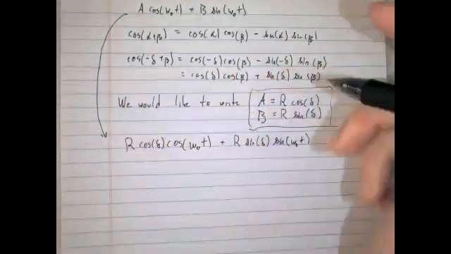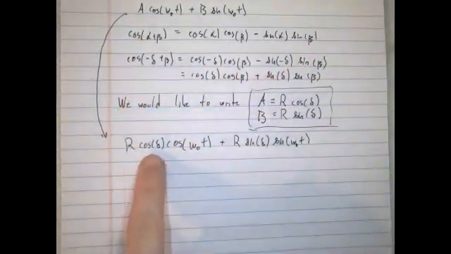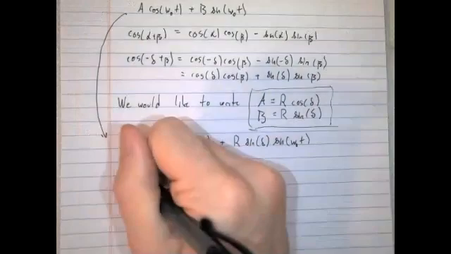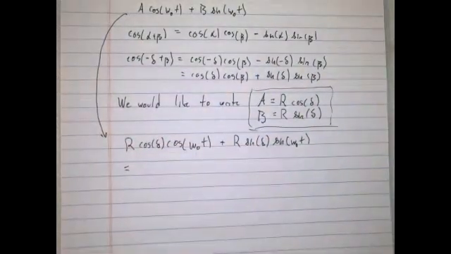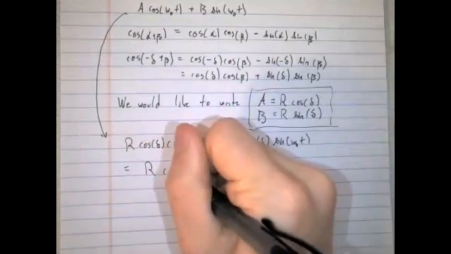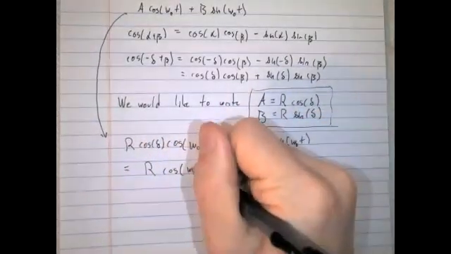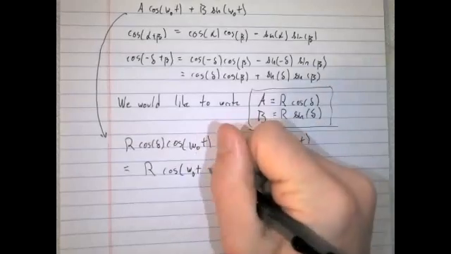What does our trig rule tell us that this equation would be equal to? R cosine of omega naught t minus delta. Yep.